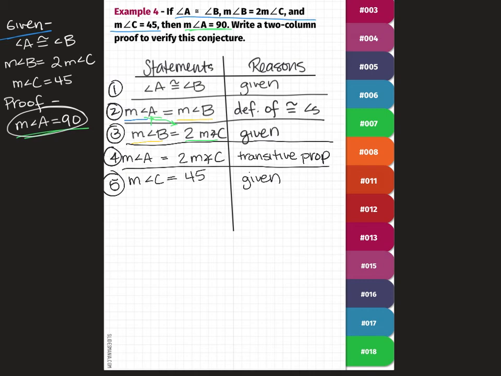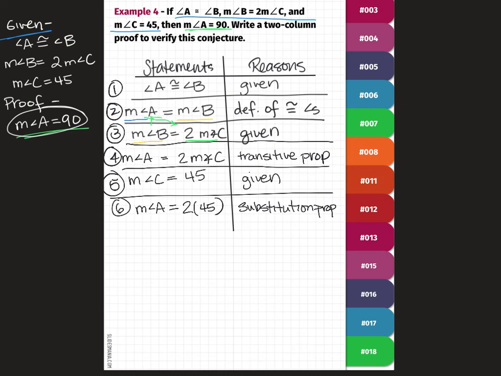And so I know the measure of angle C is equal to 45. So I'm going to say in my line number 6 that the measure of angle A is equal to 2 times 45. And how do I know that? Well, if I have the measure of angle C is equal to 45, then I can substitute 45 in place of the measure of angle C because they are equal. So that's the substitution property, which allowed me to say that.